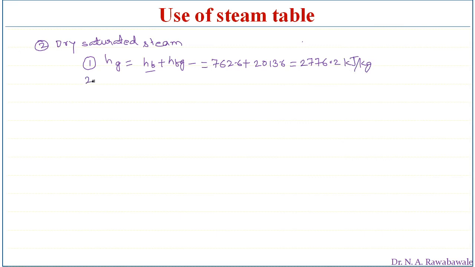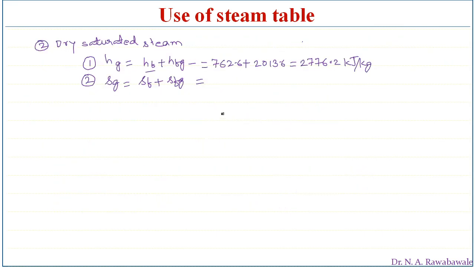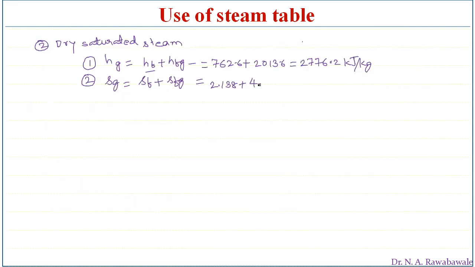Then we want to find out entropy of dry saturated steam, that is given by Sg. This is nothing but Sf plus Sfg, which is equal to, again, value of Sf is 2.138 plus Sfg 4.445.